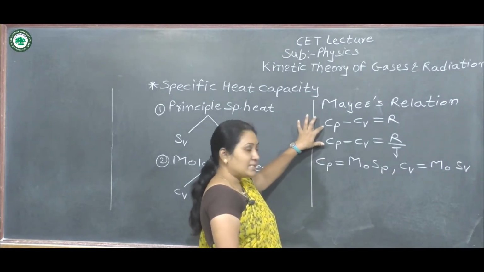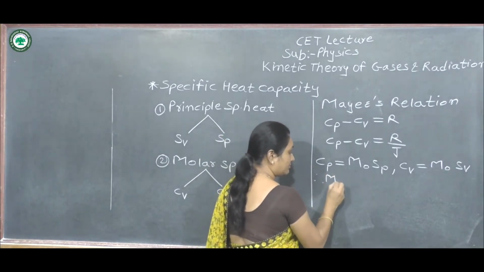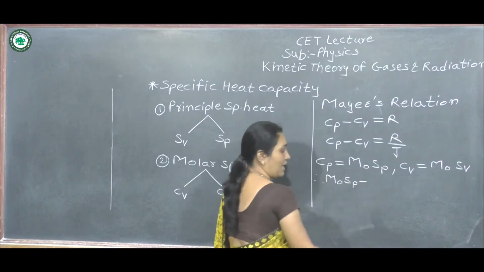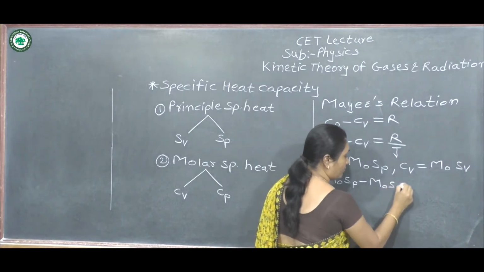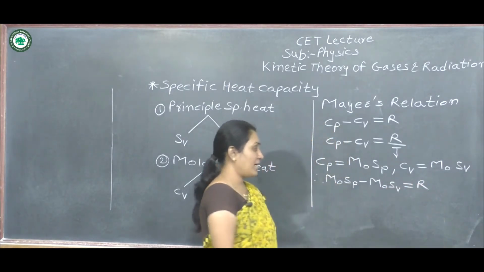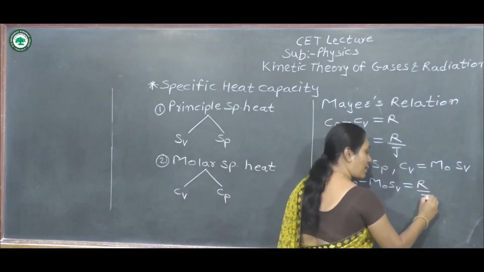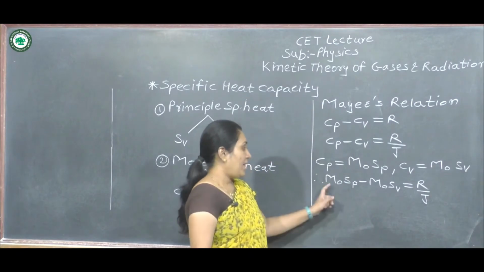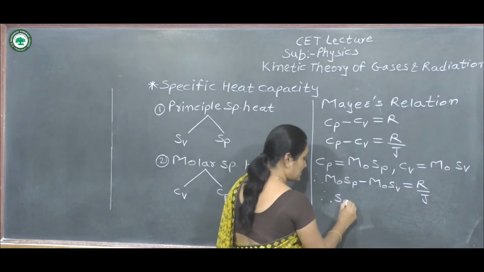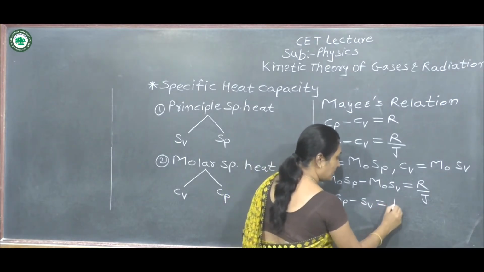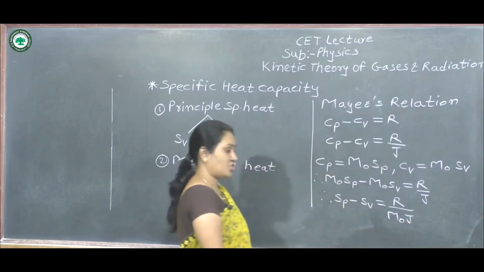Now by using this relation, we can write here, therefore M0Sp minus M0Sv equal to R or R upon J. M0 is common, so we can write Sp minus Sv is equal to R upon M0J.